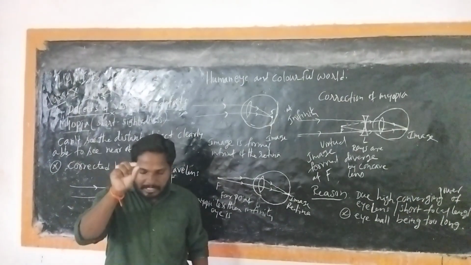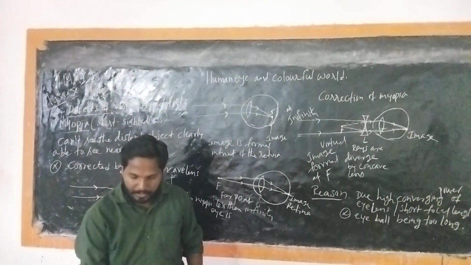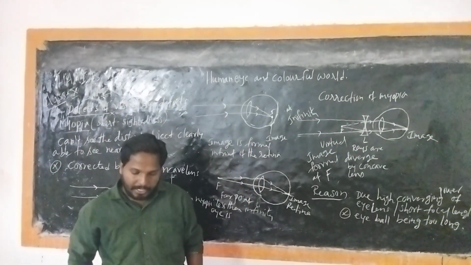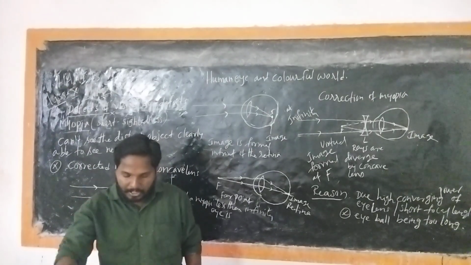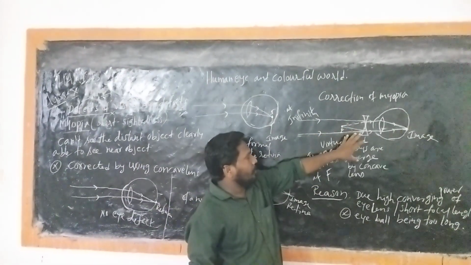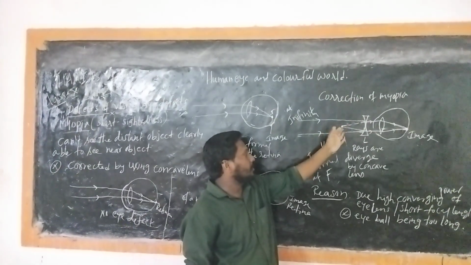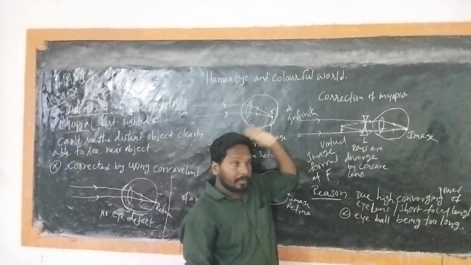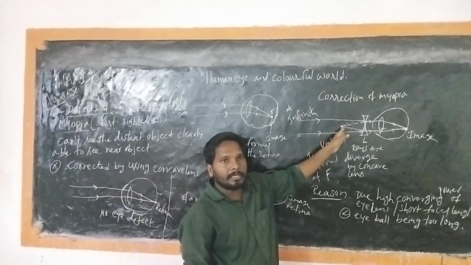Since the rays of light now appear to be coming from the eye's far point, they can easily be focused by the eye lens to form an image on the retina. So the concave lens diverts the light rays, and the virtual image of the distant object is formed at the point F.